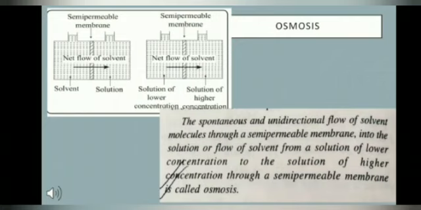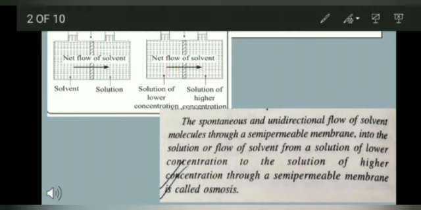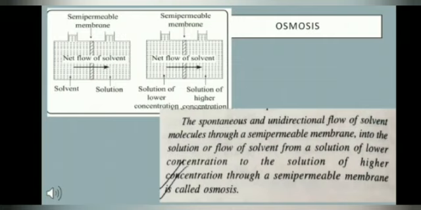But it is found that the passage of solvent molecules into the solution in the first case, or from the more dilute solution to the more concentrated solution, is greater than in the reverse direction. This is because the vapor pressure of solvent is greater than that of the solution. We studied earlier that the vapor pressure of the solvent is always higher as compared to the solution, because the solute particles in the solution are non-volatile. Because of this, the vapor pressure becomes low. So the net flow from the solvent to the solution will always be greater.